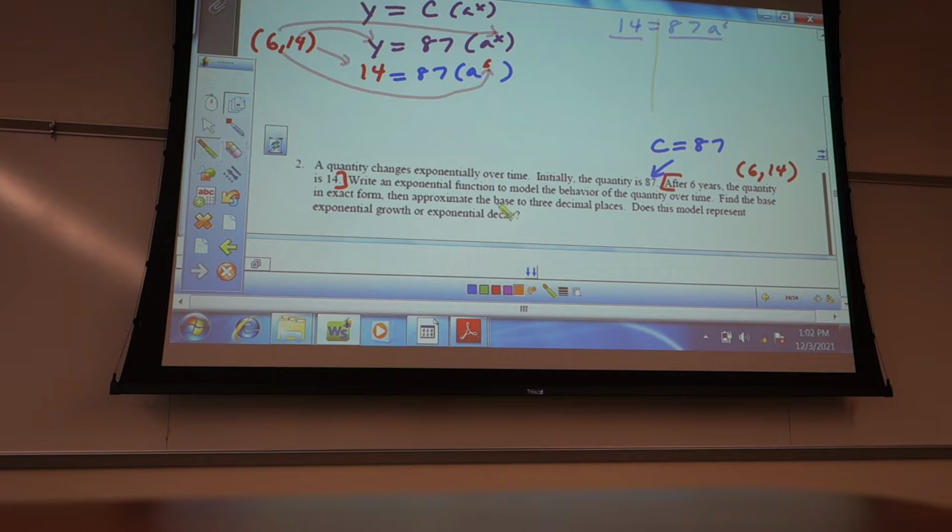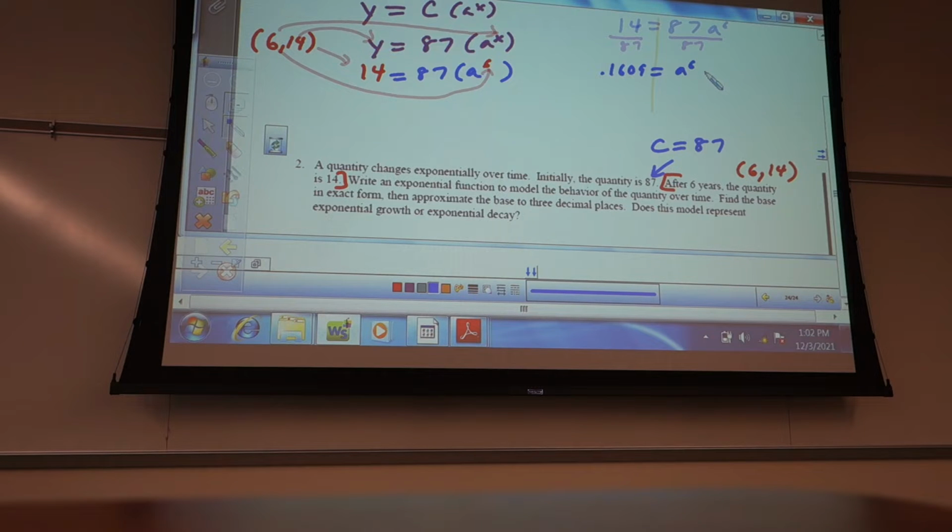Divide both sides by 87, and then I will have 14 divided by 87, which is 0.1609, equals a to the 6th.